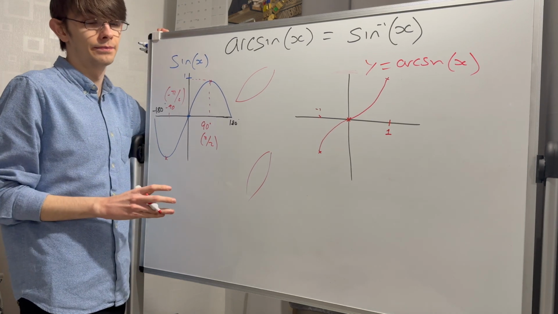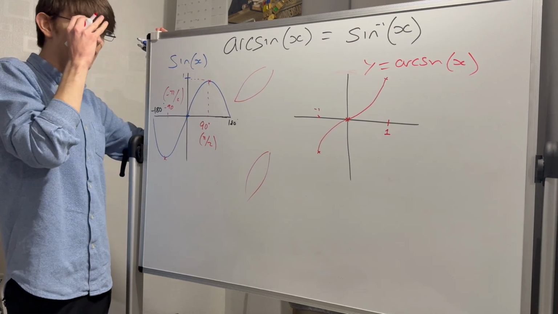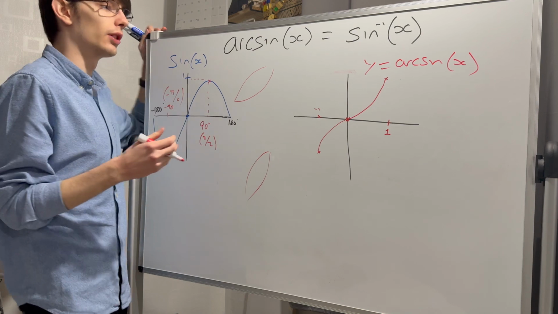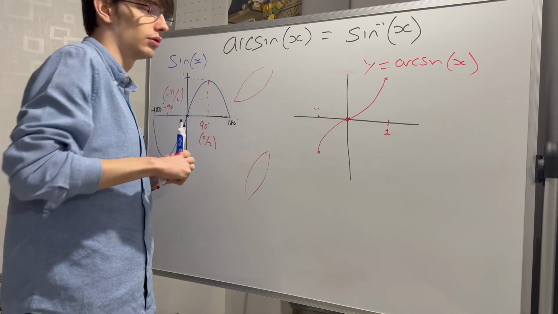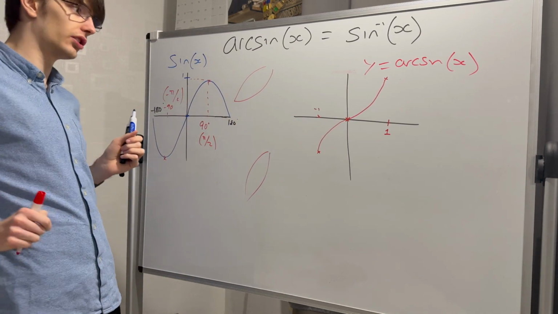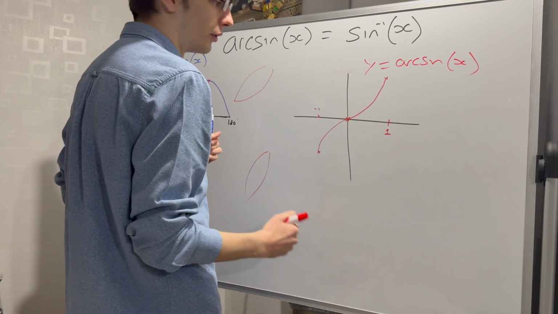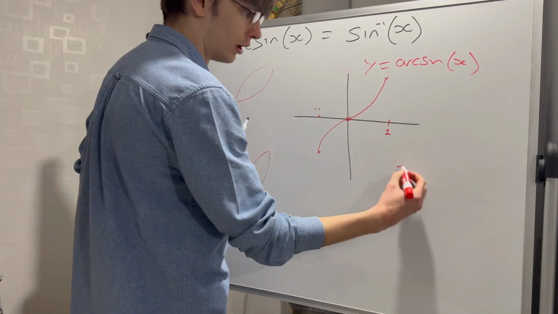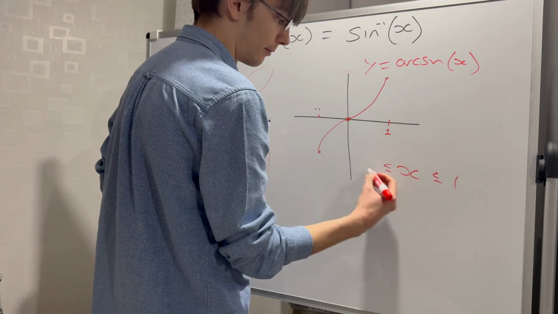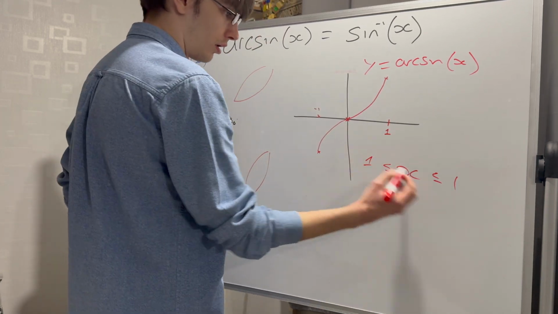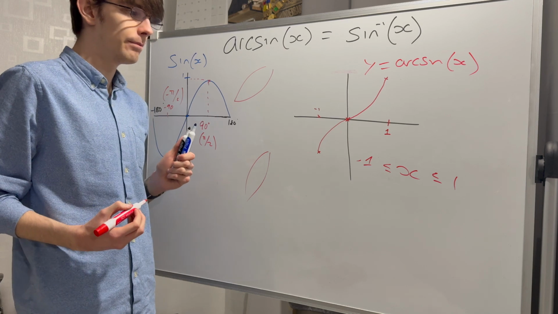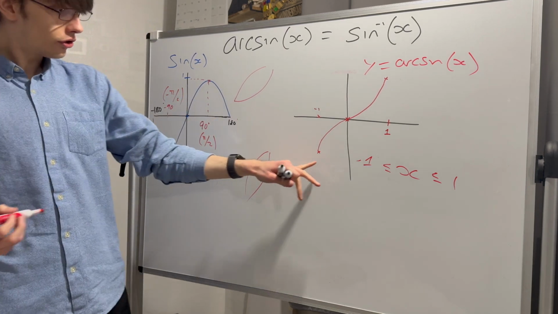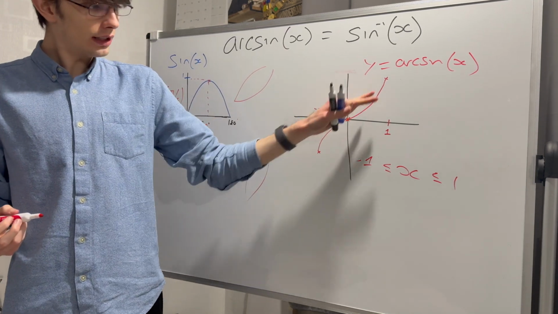This is it, okay? So the domain of my y equals arcsine graph is the range of my sine graph, which is between -1 and 1. X must be between -1 and 1. Yeah? My range, okay, it's not infinite.